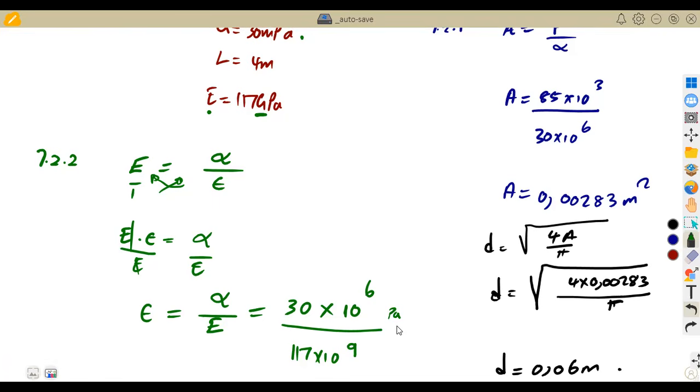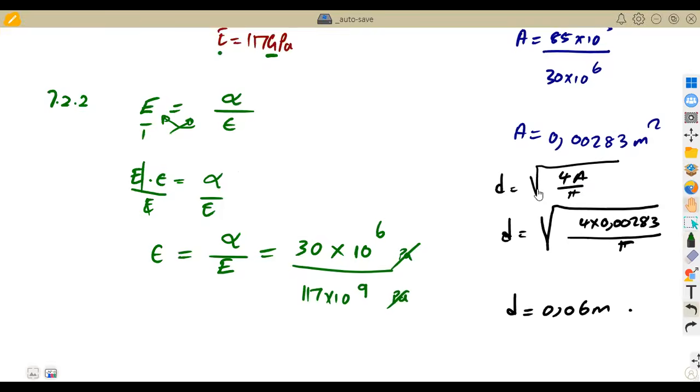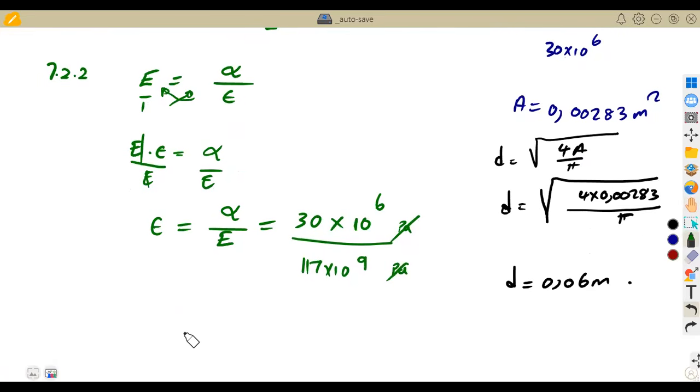Take note, these are pascal, so they'll definitely cancel, and so the strain does not have units at the end. From your calculator, the strain is going to be 2,564 times 10 to the exponent of negative 4, and we do not have the units.